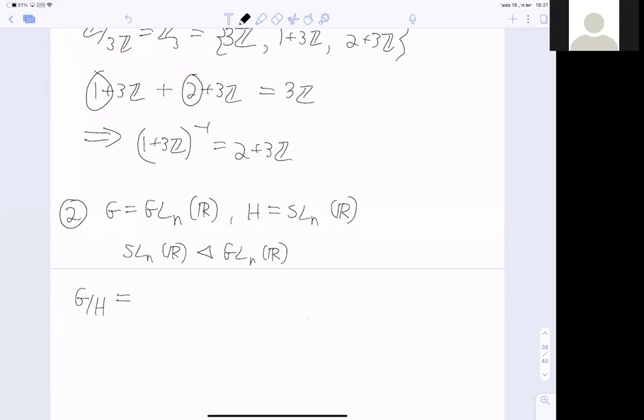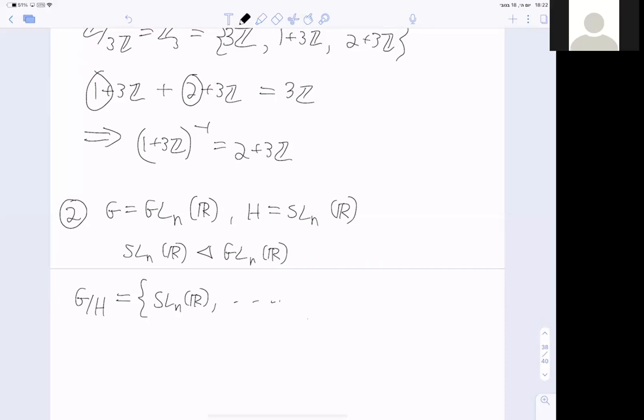The cosets are all matrices with the same determinant. Yes, exactly. But it seems infinite to me. You cannot describe it as before.